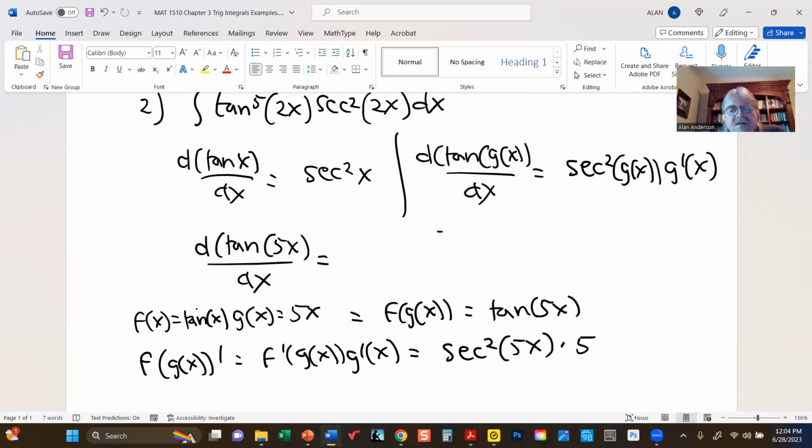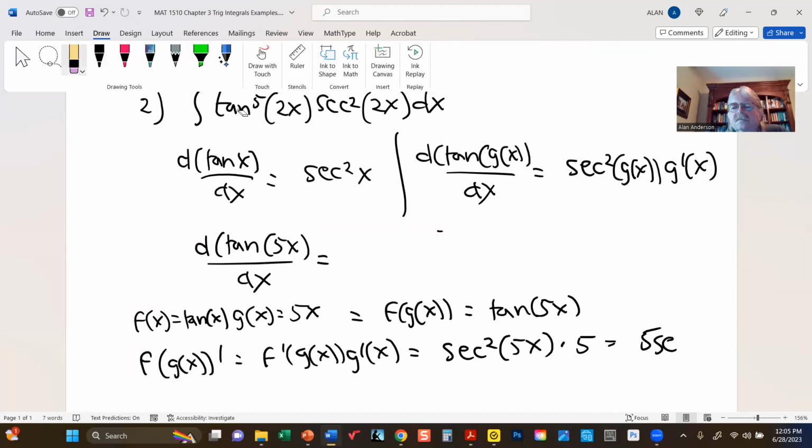F prime of g of x means the secant squared of 5x, but then we need the derivative of this 5x, which is 5. Or sometimes you see it just written like this, just to make it a little neater. It's the same thing, of course. And so we ultimately end up with 5 secant squared of 5x.